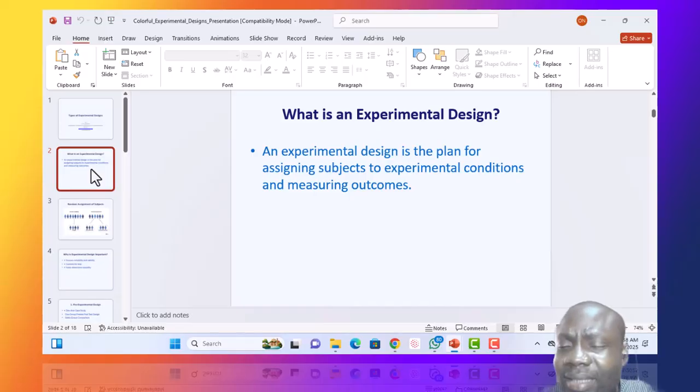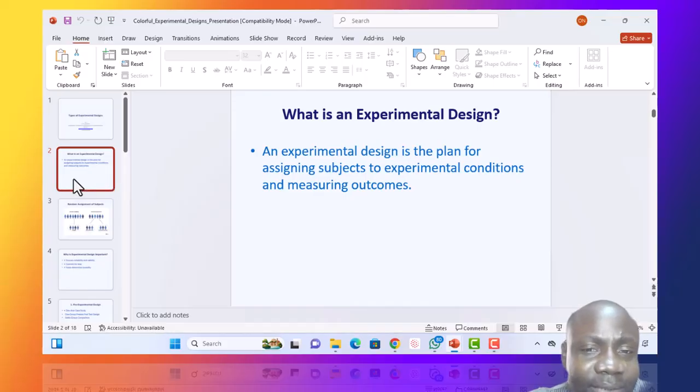That means there is nothing like a group being assigned to treatment, but it is the individual subjects from the sample that are assigned to treatment, in experimental research, such that every participant has equal chances to be in the control and the experimental group. That is the major thing about it.